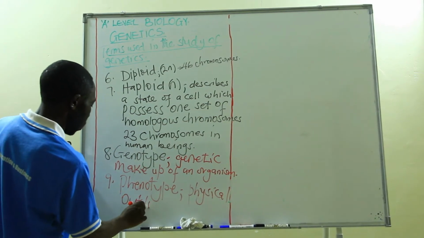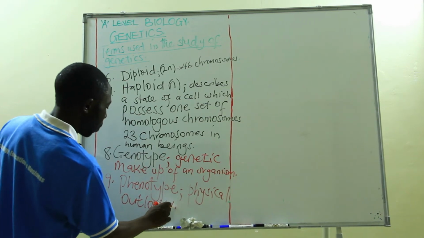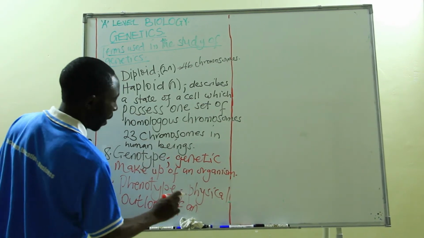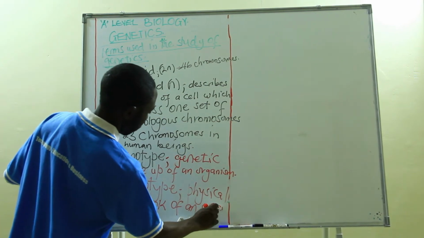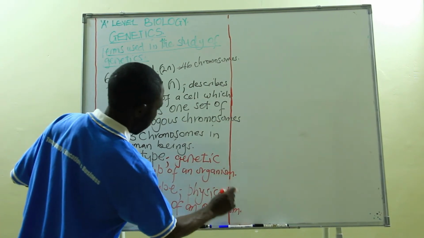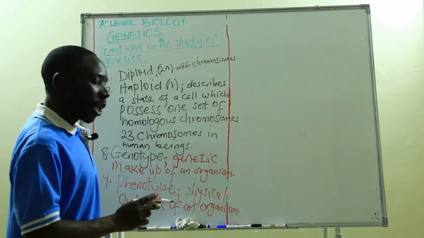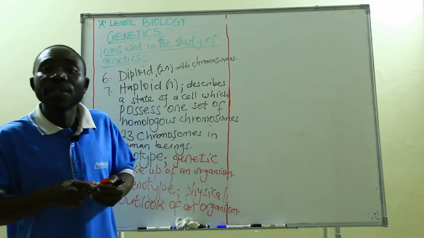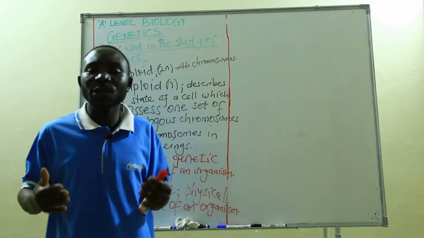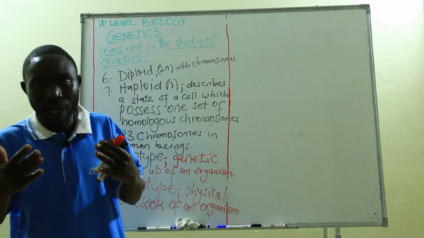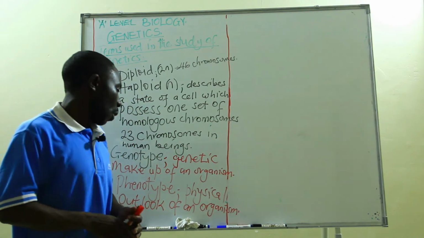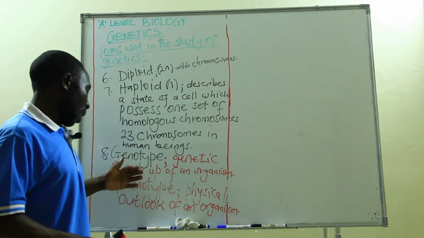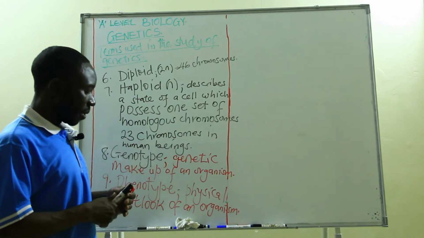Physical outlook of an organism. So the phenotype of an organism is as a result of interaction of its genetic makeup or genotype and environment.